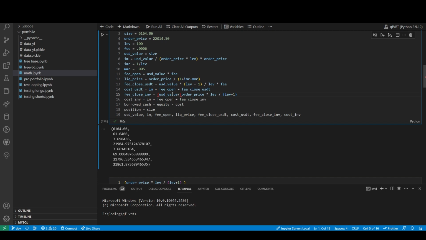USD value times this, or divided by this, times fee.